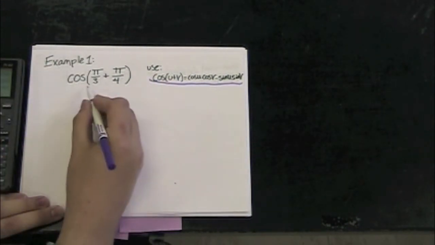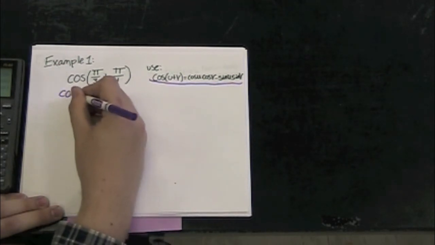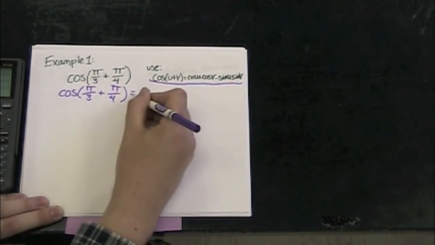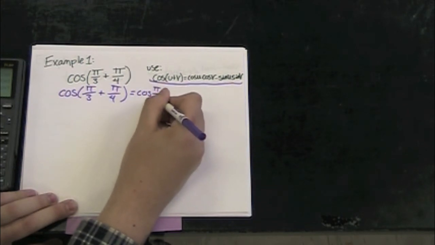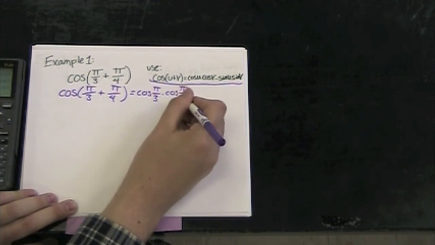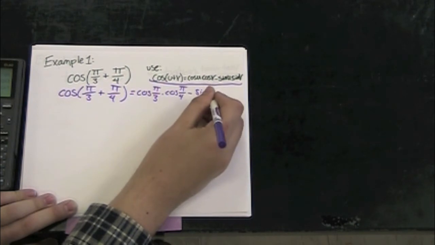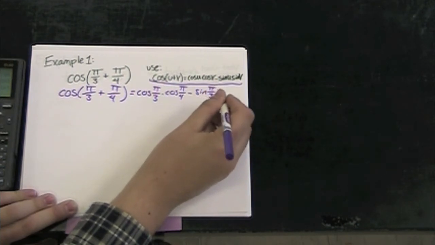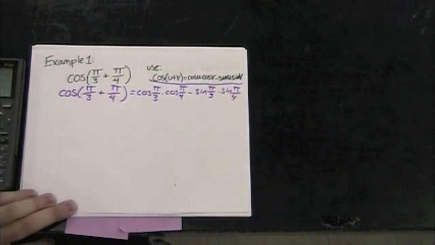Okay? So cosine of pi over 3 plus pi over 4. If I set that up and plug in values, I get cosine of pi over 3 times cosine of pi over 4 minus sine of pi over 3 times sine of pi over 4.